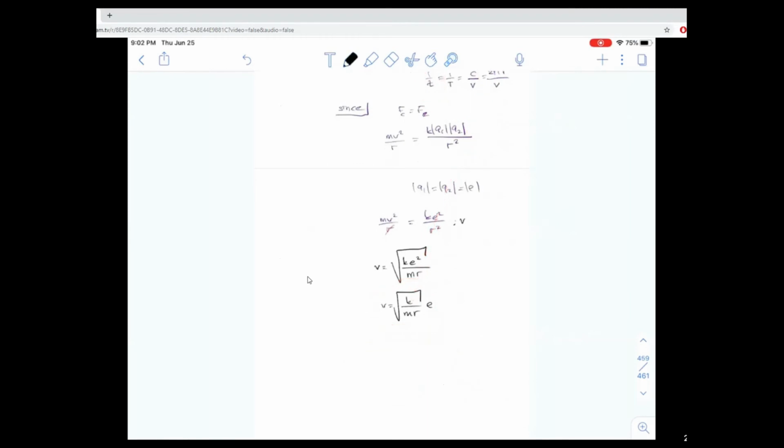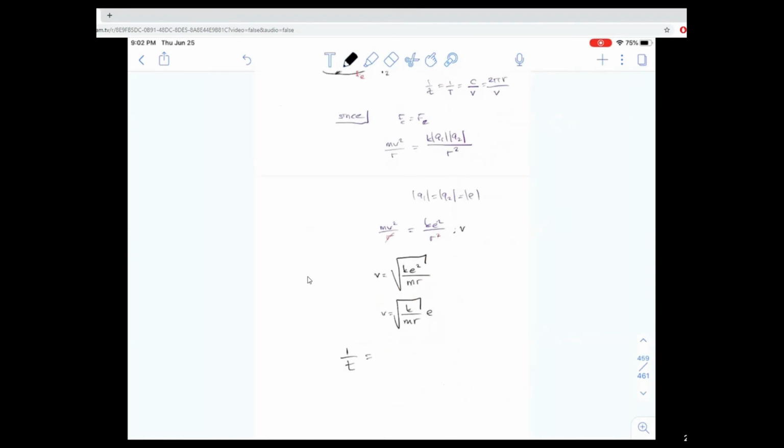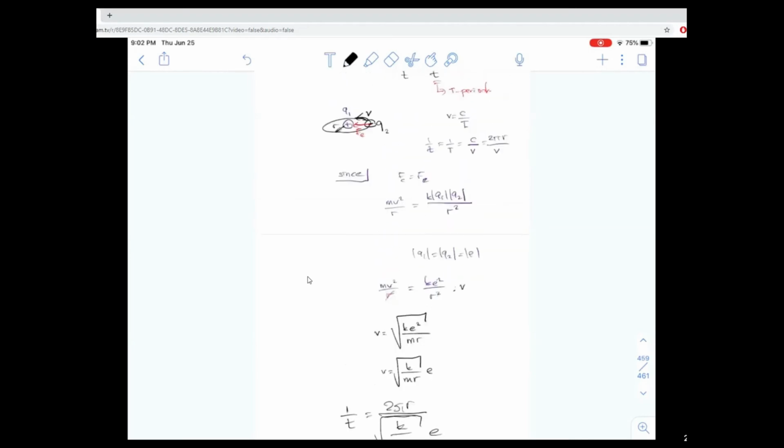So just 1 over t. It's going to look like 2 pi r divided by v. Keep this out there. I see that we could do more cancellations, but I'm going to wait on it.